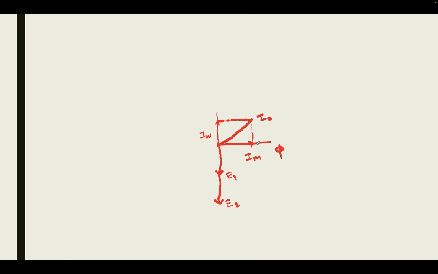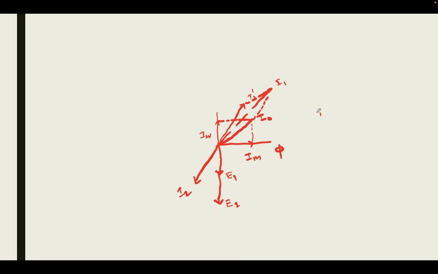Now, when some current is flowing in the secondary winding, let it be I2, because of this I2 an extra current will start flowing on the primary side, which is just opposite to this I2, and this current is I1 dash. The phasor sum of I naught and I1 dash is nothing but I1.